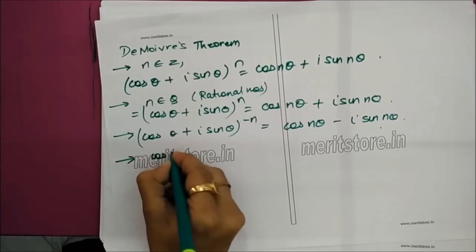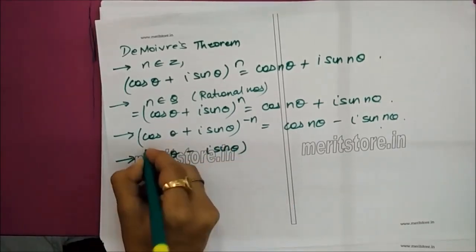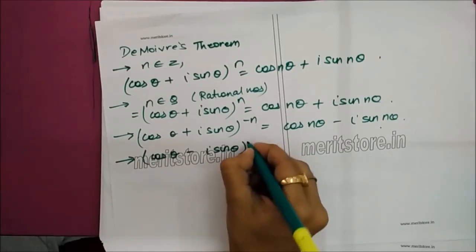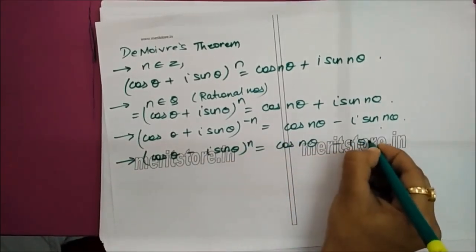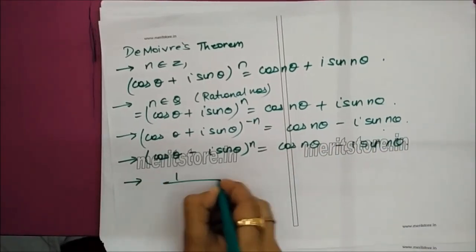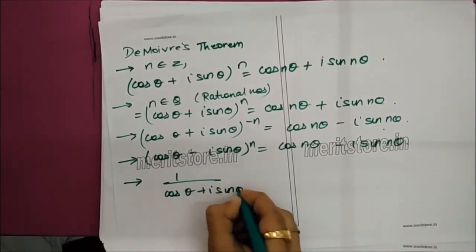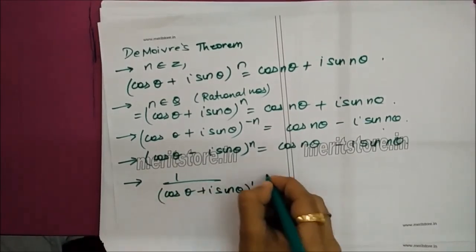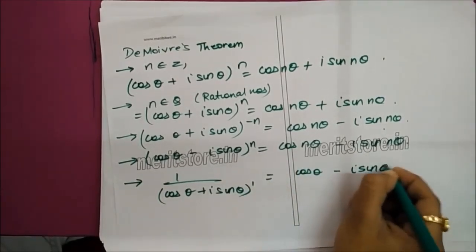Next, cos theta minus i sin theta raised to positive n. Here you get cos n theta minus i sin n theta. Again, 1 upon, if everything goes in the denominator, raised to 1, let's say, this is cos theta minus i sin theta.